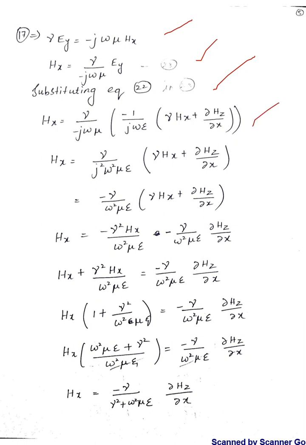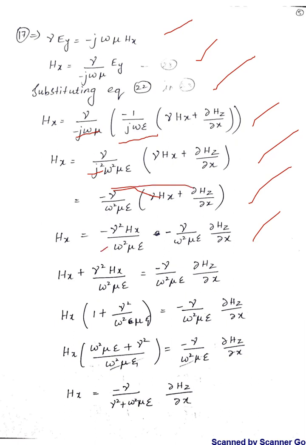After that, I have this term and this term, so I multiply both the terms and write this equation. Then I substitute the value of j square equal to minus 1 and write this equation. After that, I take this inside the brackets for the first and for this also, and write this equation.